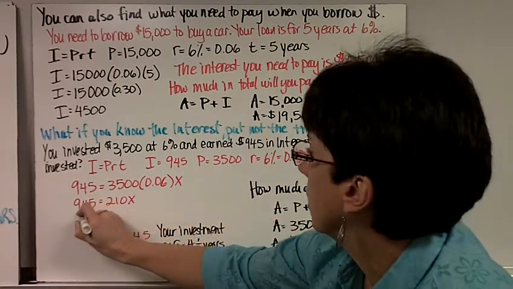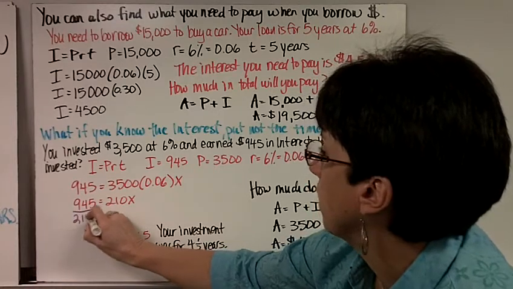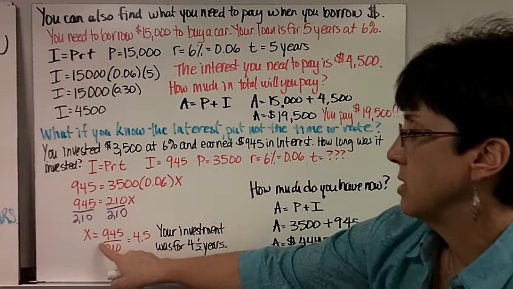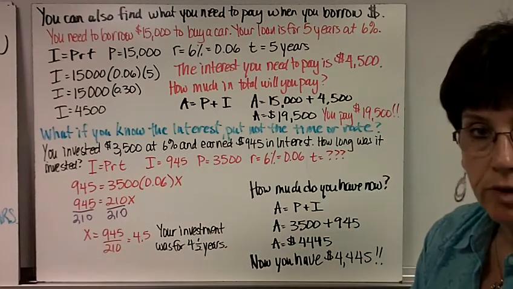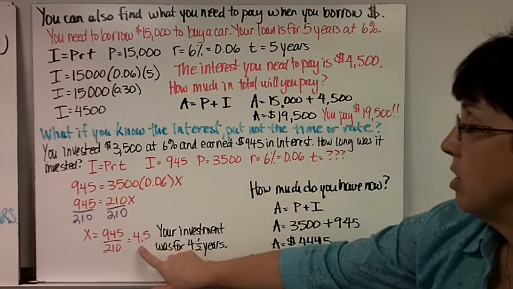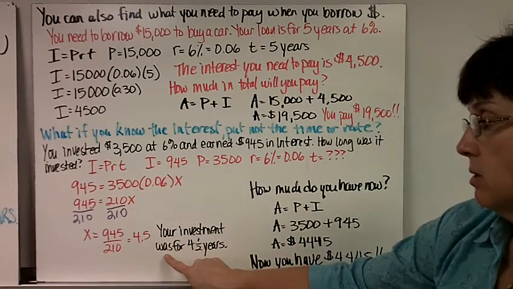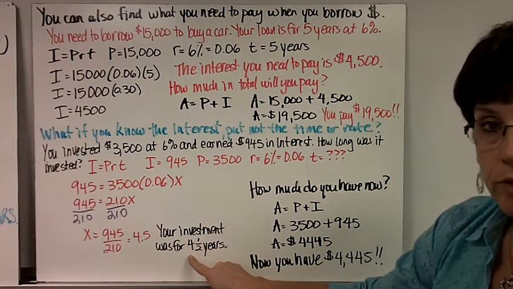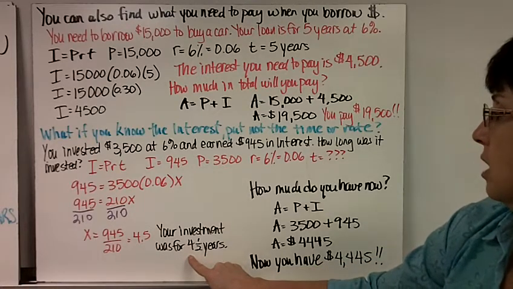So I divide both sides by 210. And now x equals 945 divided by 210. And my handy dandy calculator told me 4.5. So this means your investment was for 4.5 years. That's what 4.5 means, because we're finding the time.